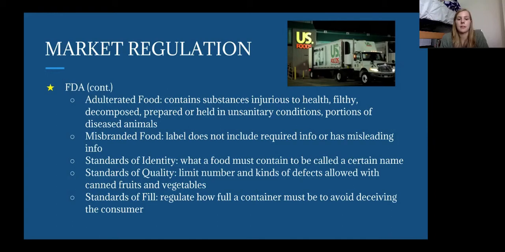There's also misbranded food, which is when the label does not include required information. Standards of identity is what a food must contain to be called what it is. Standards of quality is a limited number of defects allowed on canned fruits and vegetables. And standards of fill regulate how full a container must be to avoid deceiving the consumer.